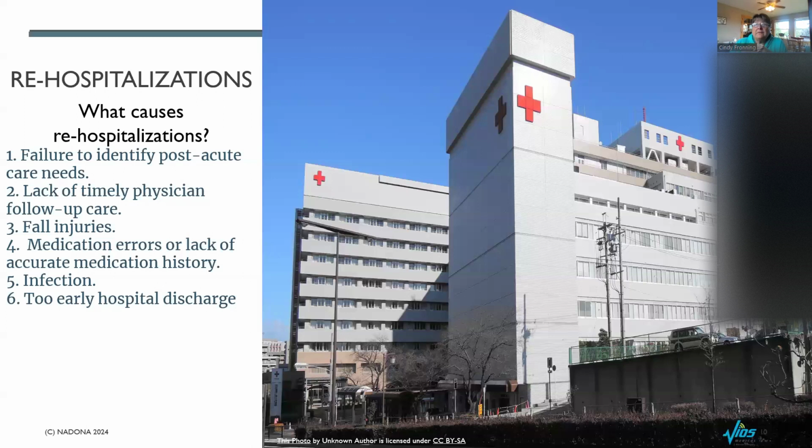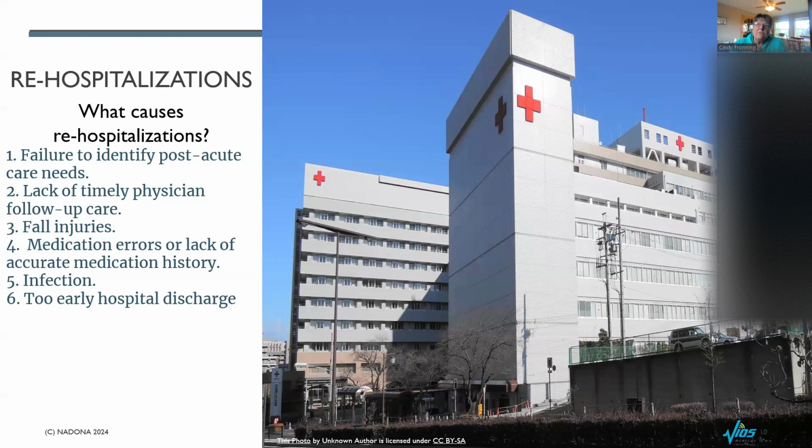Have we recognized what that baseline was when they returned or in the first few days, and have we recognized if there's been a change to that status? Sometimes it can happen because a physician isn't very timely with follow-up for post-op or follow-up care. So again, the first one falls to us as recognizing the care needs. Second one, physicians and their timeliness.